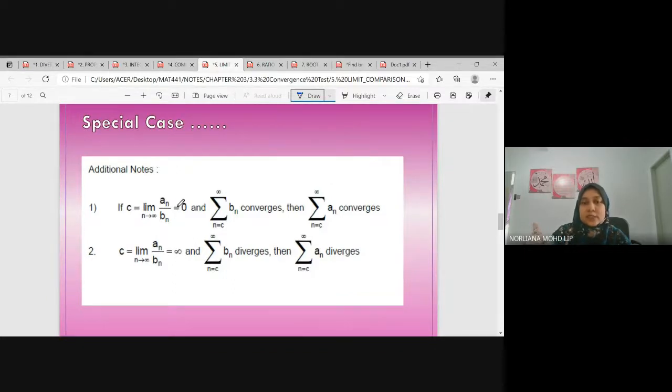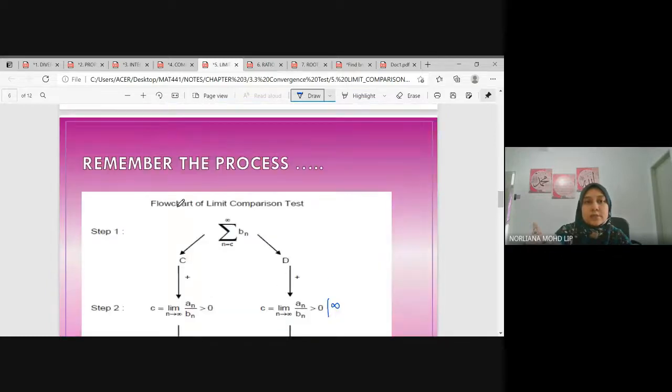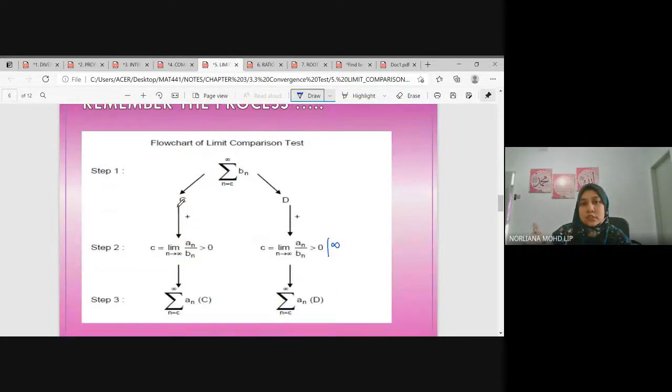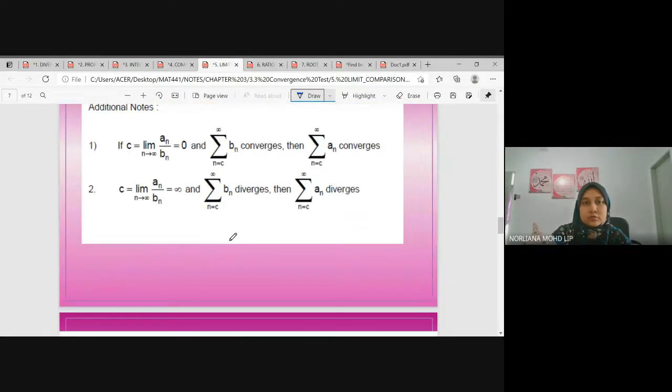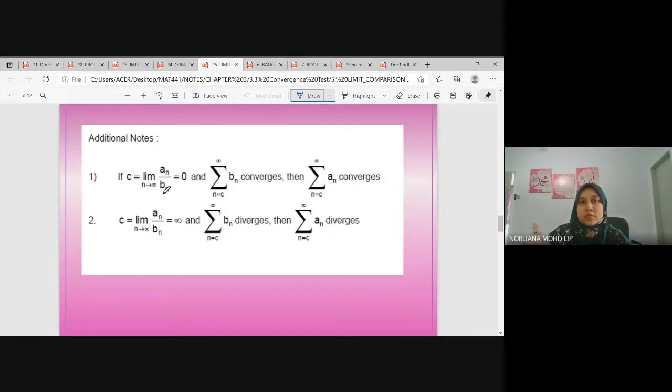Okay, kalau dapat 0. So kat sini tadilah kalau dapat 0 ni, ataupun awak dapat equal to 0. If c is equal to 0 and series of bn converge, so series of an converge. If c is equal to infinity and series of bn diverge, then an is diverge.